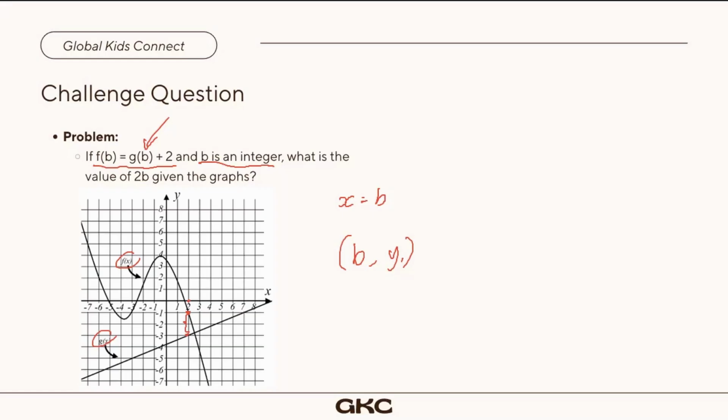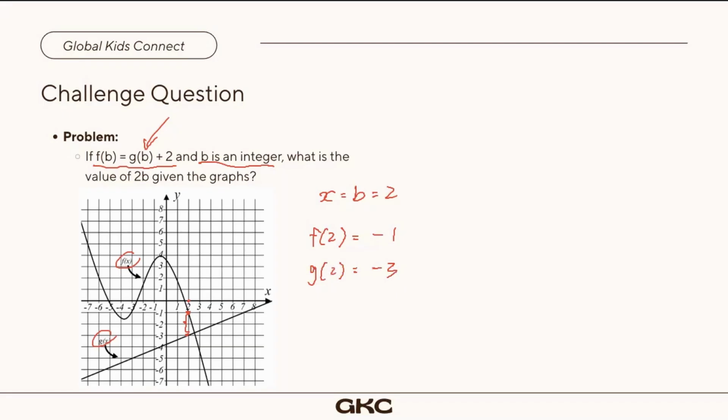And so there's only one point where this phenomenon occurs. And so we can say that when x, which is also b, is equal to 2, we see that f of 2 is equal to -1, and g of 2 is equal to -3.